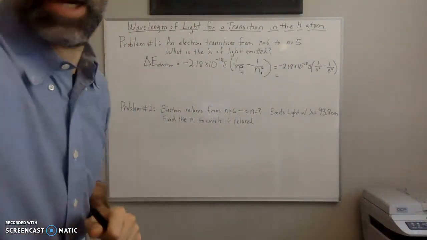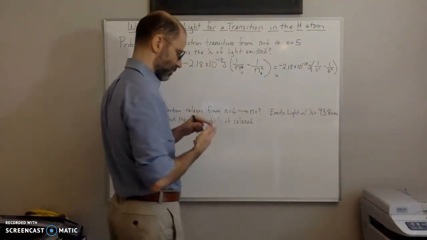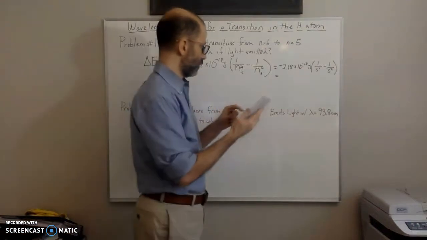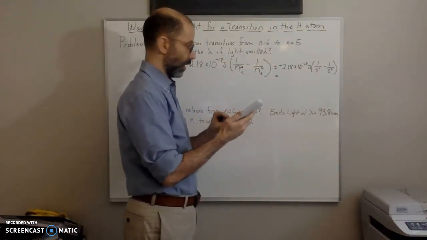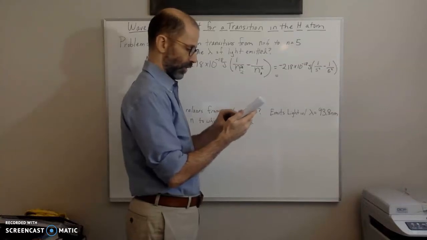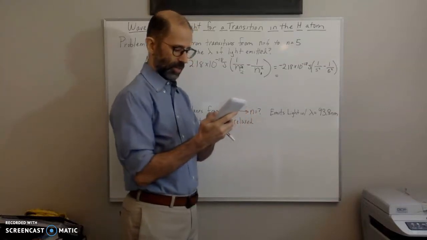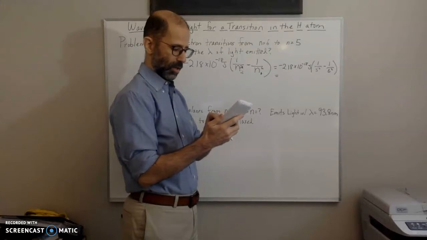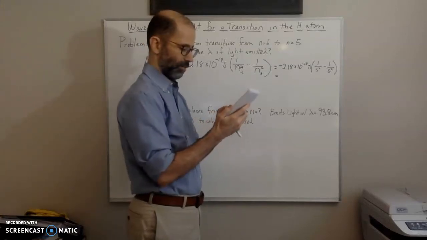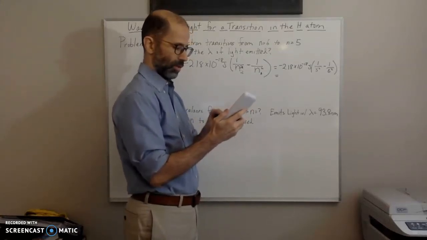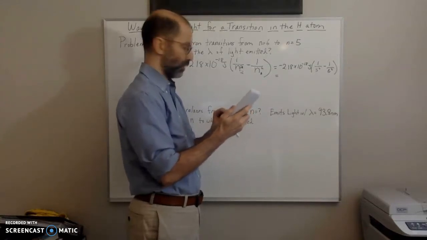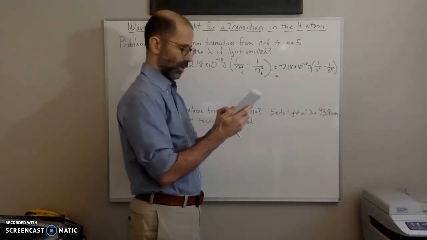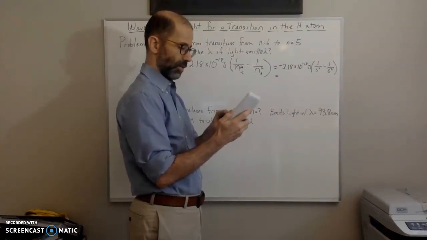We can calculate it using our calculator. So we have negative 2.18 times 10 to the negative 18 multiplied by 1 divided by 25, which is 5 squared, minus 1 divided by 36, which is 6 squared.